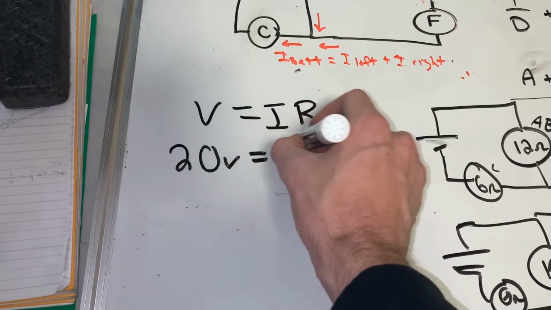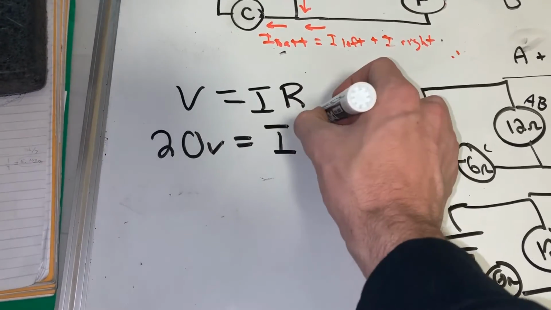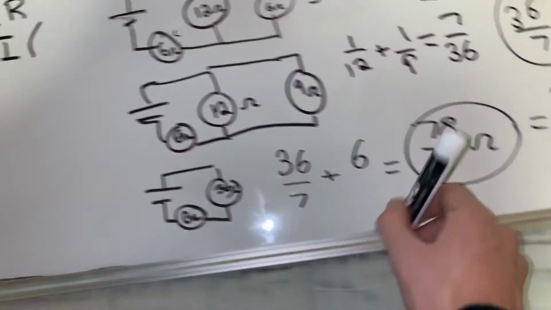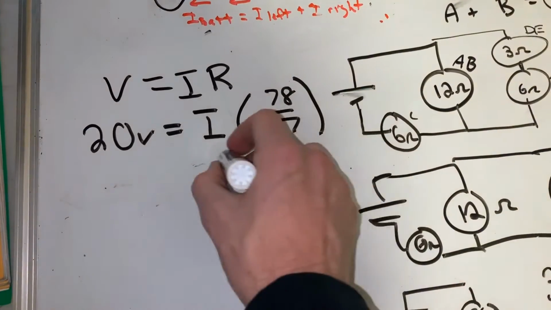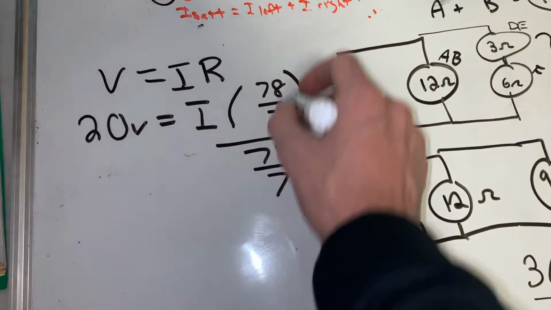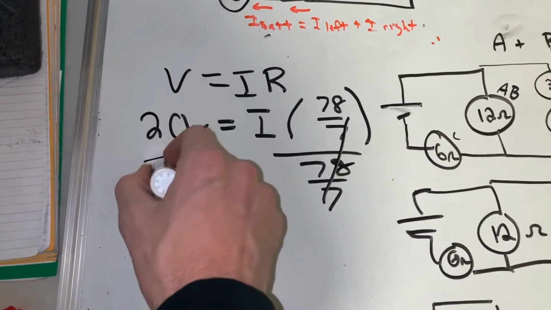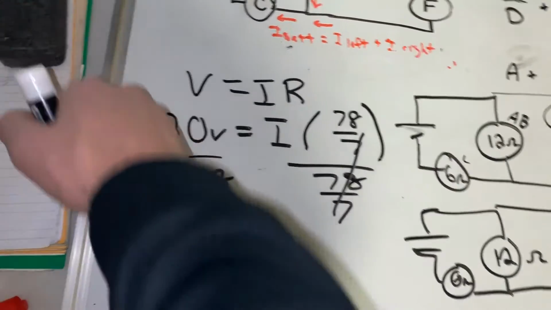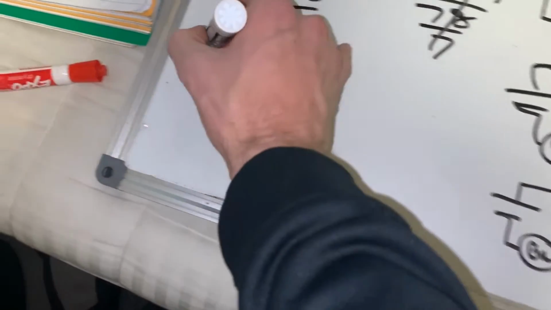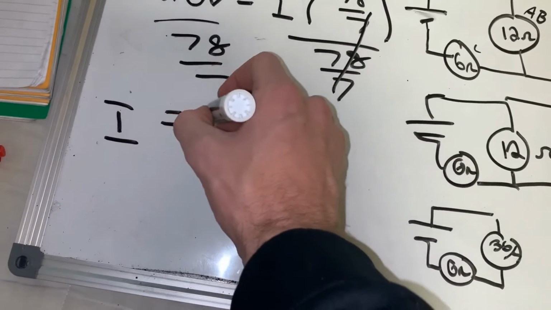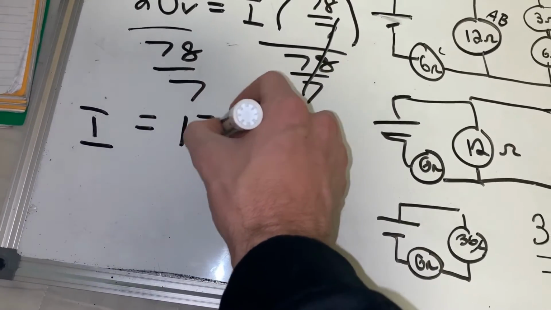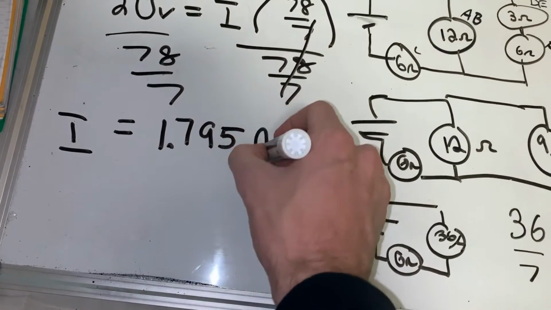Then we're solving for the current, so we're solving for I. And R is what we just found over here, 78/7 ohms. We're going to divide that out. That cancels. And if we do the math here, we will find that the current produced by the battery comes out to be 1.795 amps.